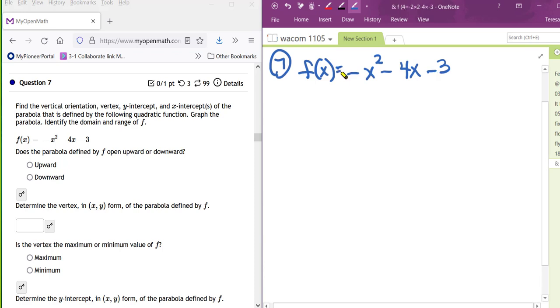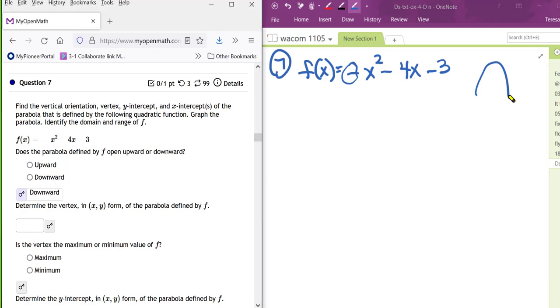All right, so this one is going to be more work to get your vertex because it is not in your standard form. It's in this general form. So your kinds of questions you're going to get over here, right? Number 1 is it's a negative in front, so it's going to flip over and open down.